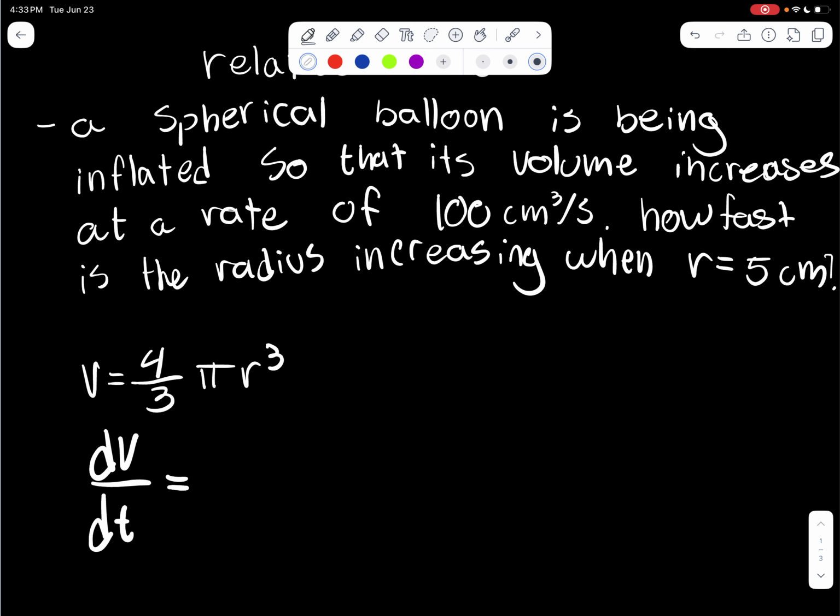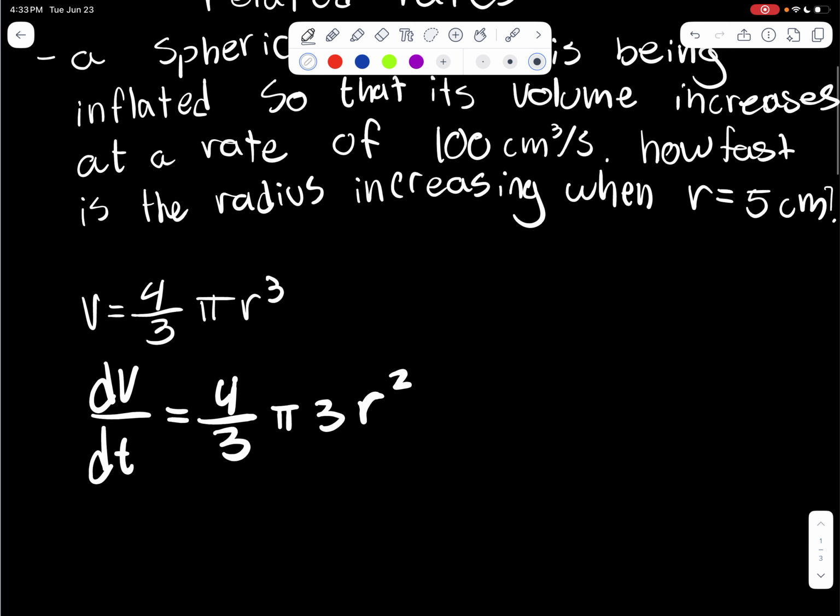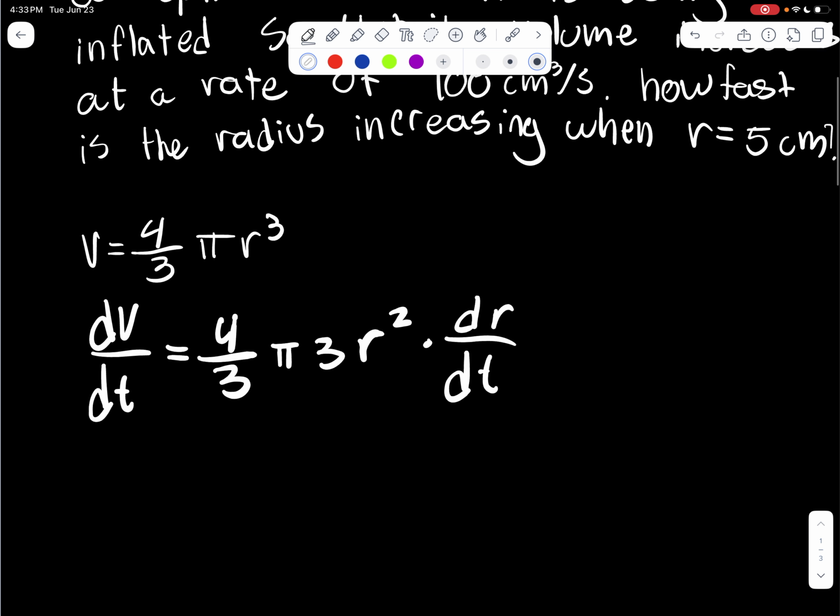For this part, we can pull out our constants for now and just differentiate our r cubed, which is 3r squared, using the power rule, and then times dr by dt, of course, because it's implicit differentiation.